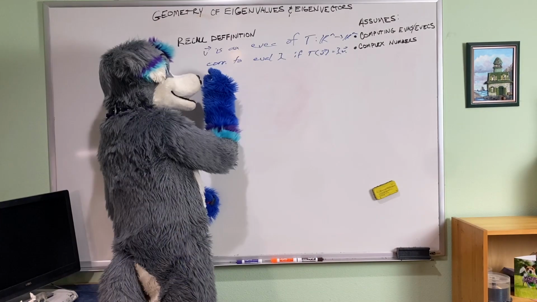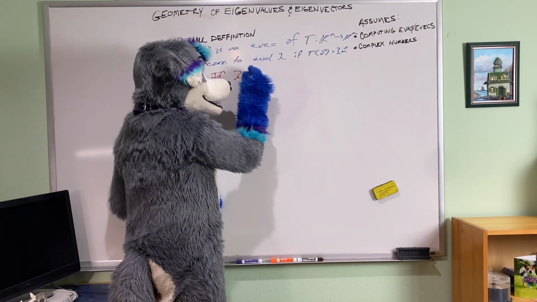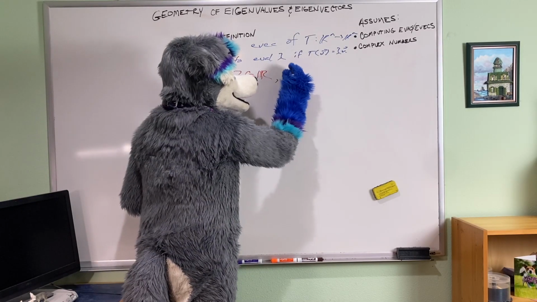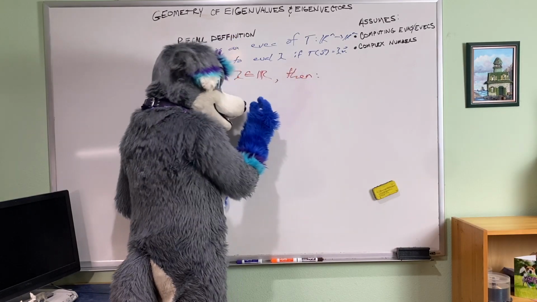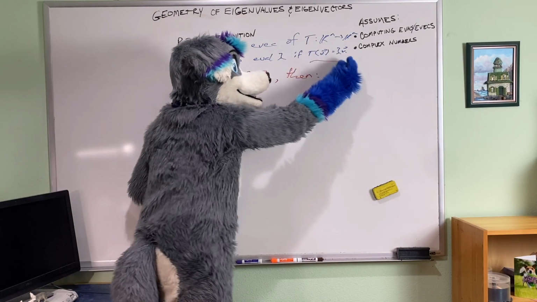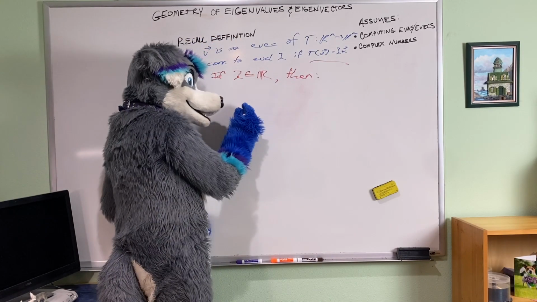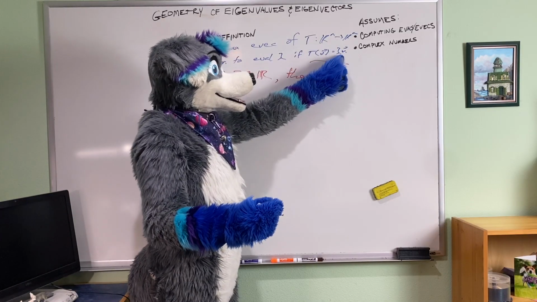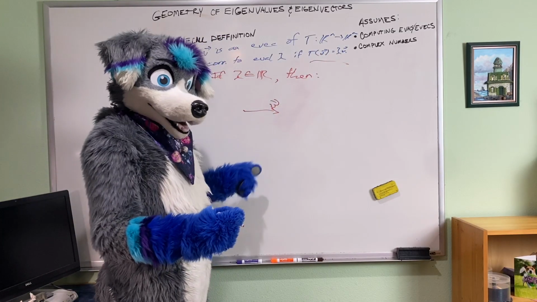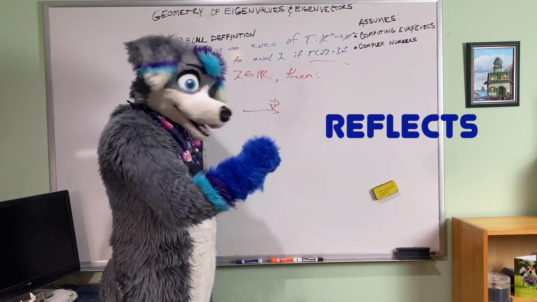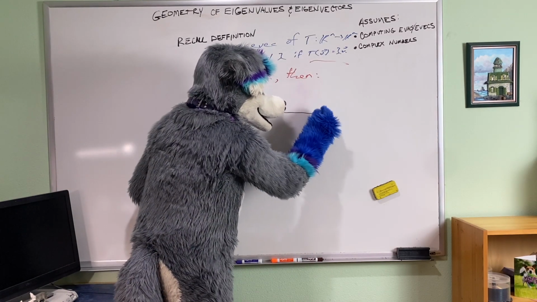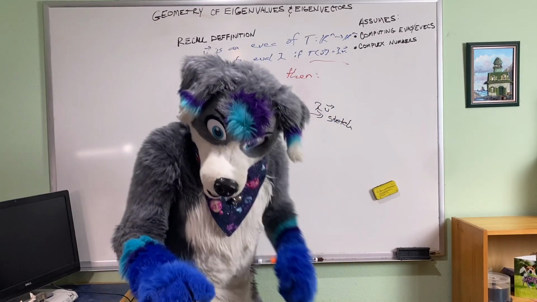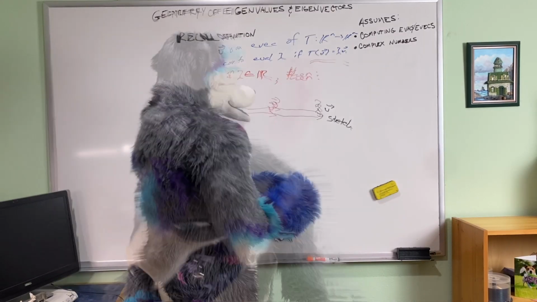What does this say? If lambda is a real number, so I use this notation, lambda is in the set of real numbers, then notice what's happening. If I have a vector v, what does multiplying a vector by a real number do? It stretches it out, or reflects it, or shrinks it. Maybe you're stretching it out when you multiply. Or you might be reflecting it, right?